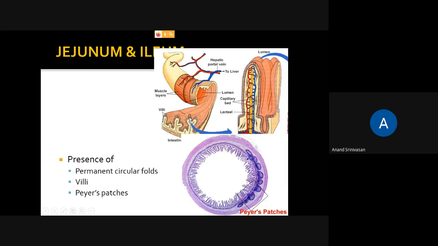These finger-like projections are called villi. One of the villi is shown big here. And in the ileum, there are some lymphoid follicles which are called Peyer's patches.